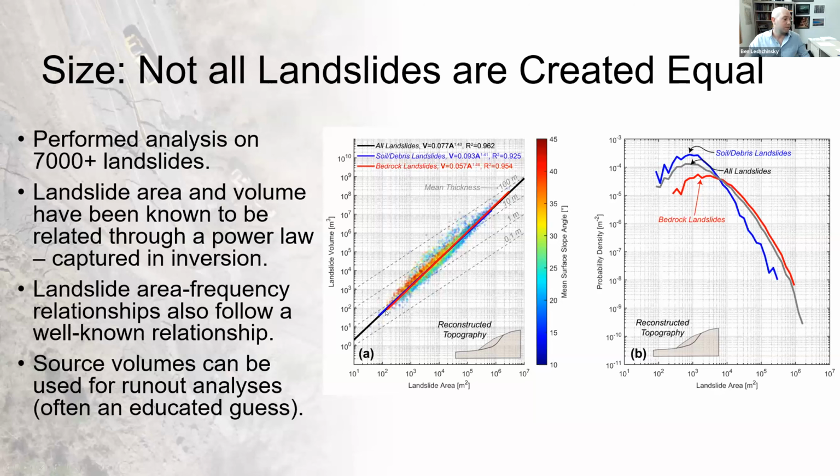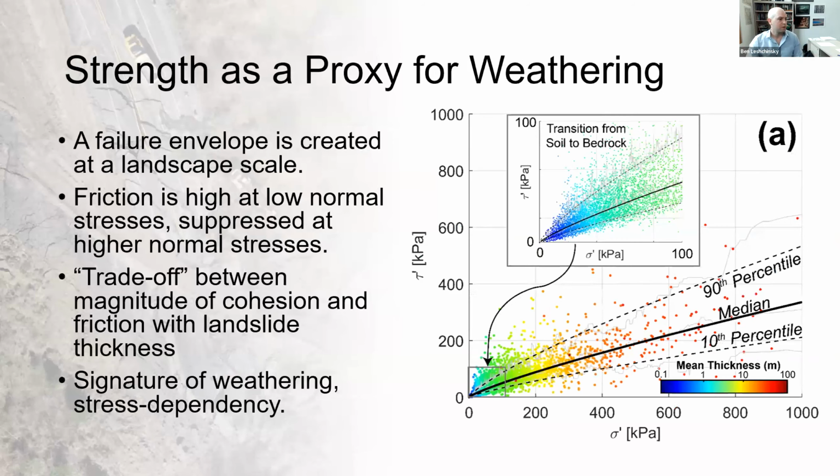And we see that this inversion gives us reasonable estimates for volume given these landslide areas that we can measure from the surface. That's useful, at least as a byproduct. For example, the source volumes we reconstruct for an individual landslide are valuable for runout analyses. People who do runout or mobility of landslides often have to make an educated guess about the source zone of the landslide, particularly in the case that it's not completely evacuated.